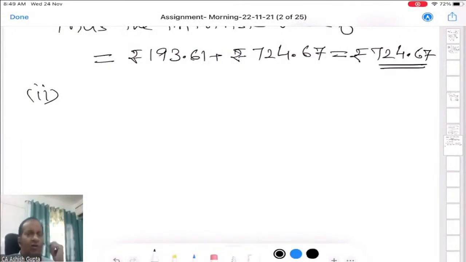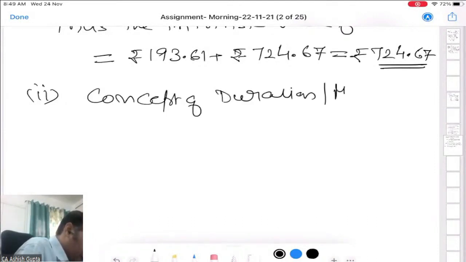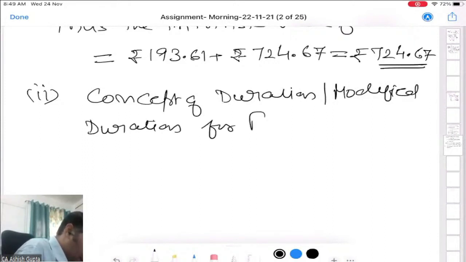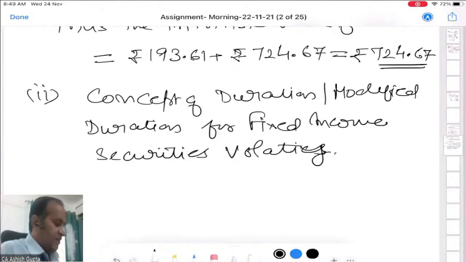Basically, for the volatility of fixed income securities, normally we use the concept of duration and modified duration, that we will discuss in the next class.